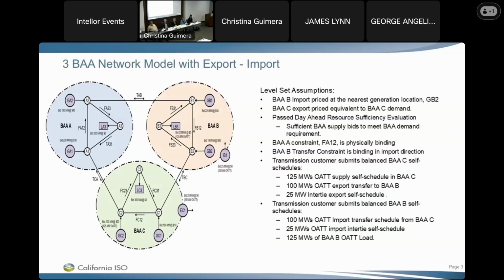Within BAB, I also have a transmission customer who has submitted balanced self-schedules. It could be the same transmission customer, it could be different, but there is an association at the transfer location.